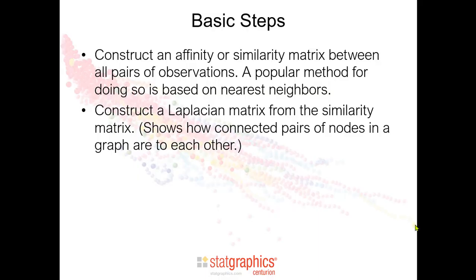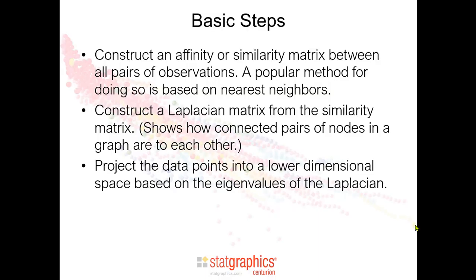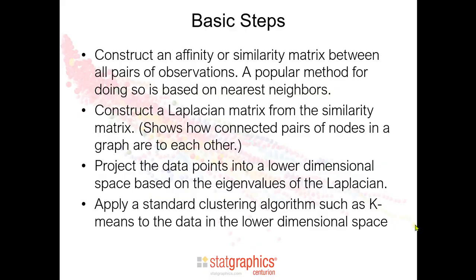A Laplacian matrix shows how connected pairs of nodes in a graph are to each other. The third step is to project the data points into a lower dimensional space based on the eigenvalues of the Laplacian matrix. Finally, a standard clustering algorithm such as k-means is applied to the data in the lower dimensional space.